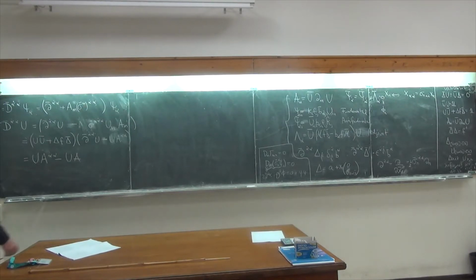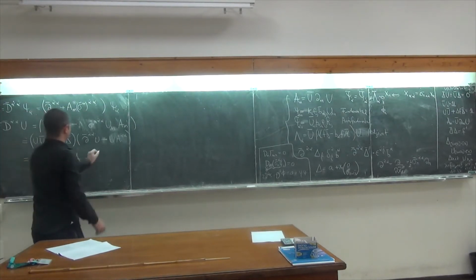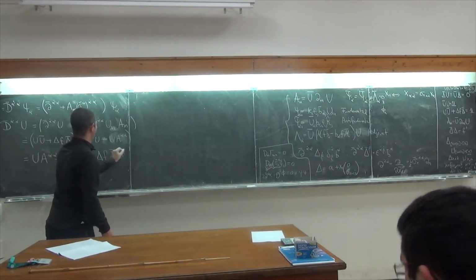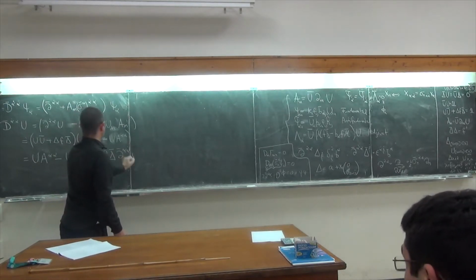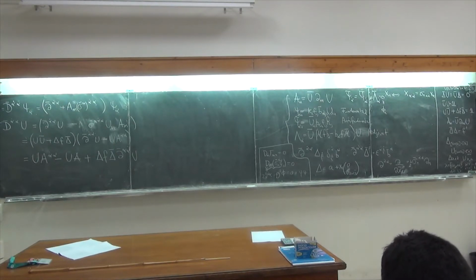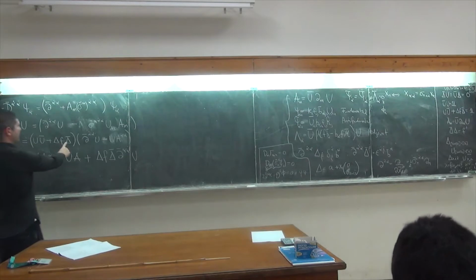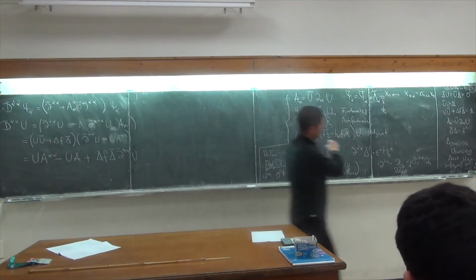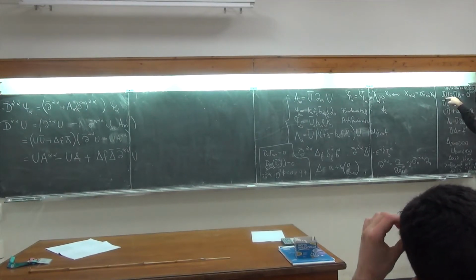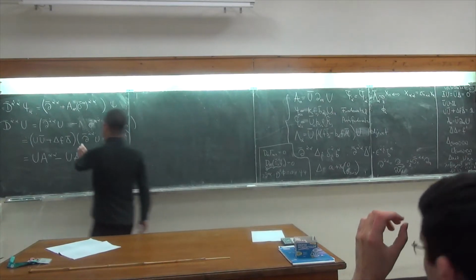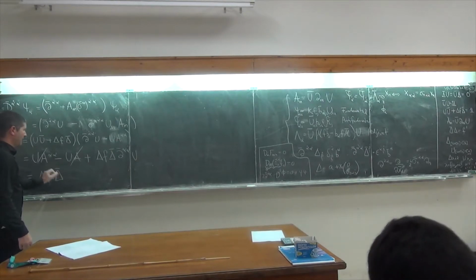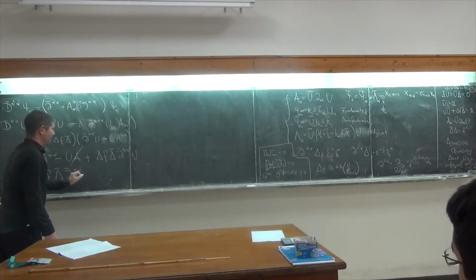Therefore, I have plus this term, delta F, delta bar, V bar alpha bar, U. And then this term is delta bar times U, which is 0. So that's all. And we say that this derivative is delta F delta bar V bar alpha U.